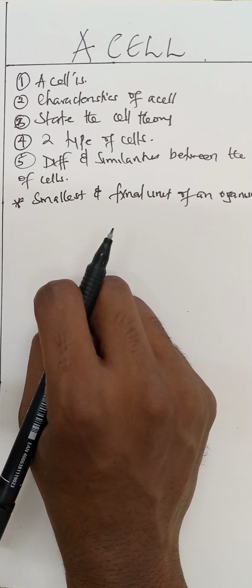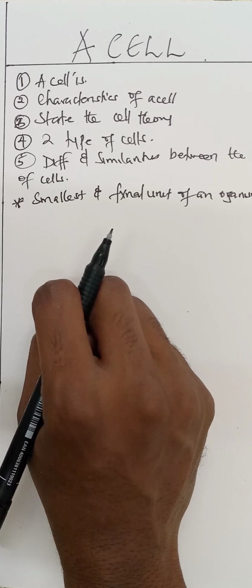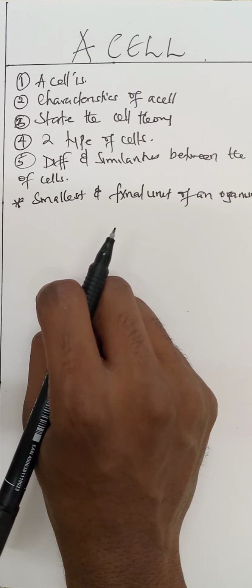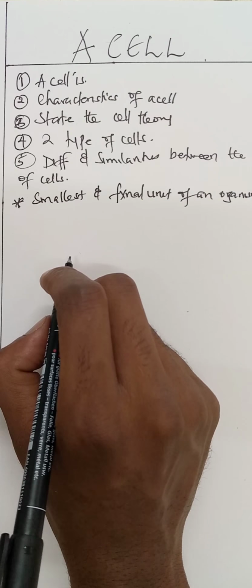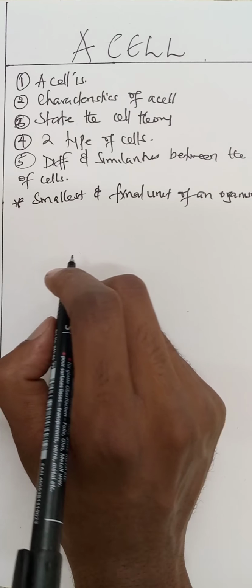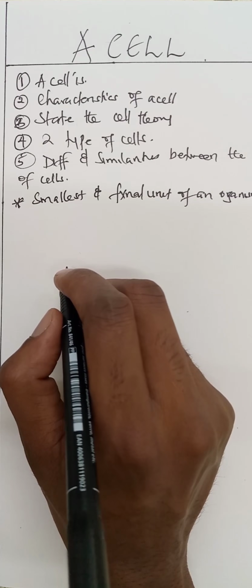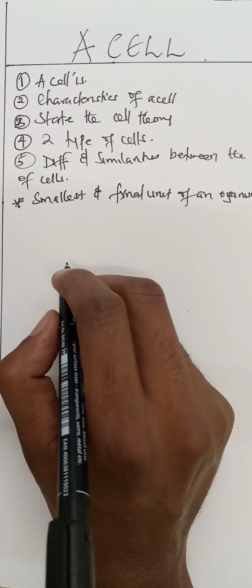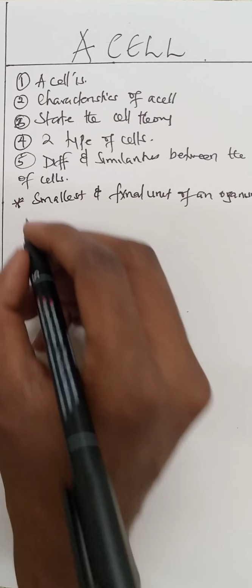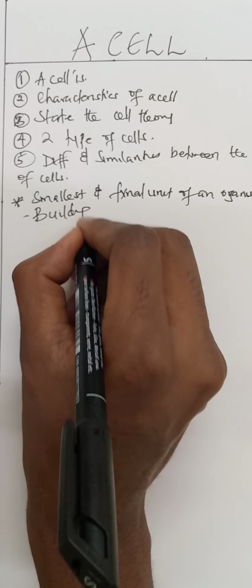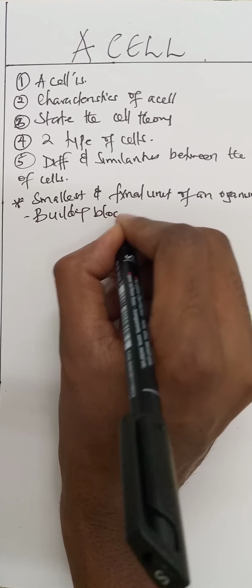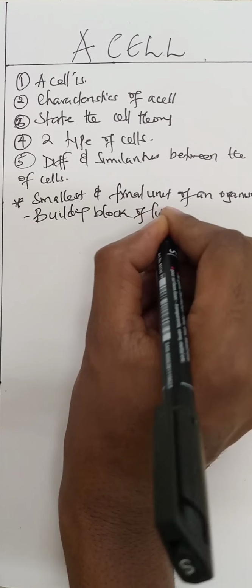So a cell is the smallest and functional unit of an organism, or we can still define it as the smallest unit of life capable of carrying out biological functions. And of course, it is the smallest unit of any life and is sometimes called the building block of life.